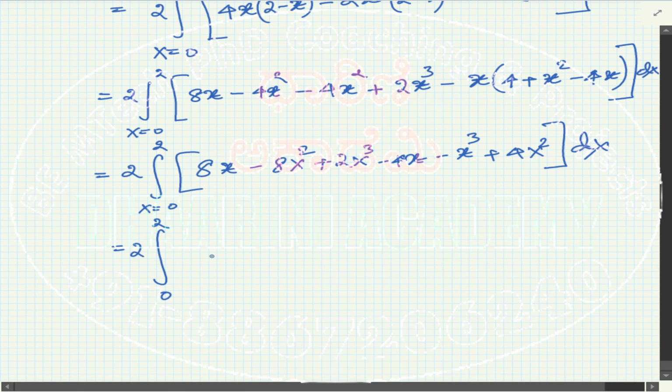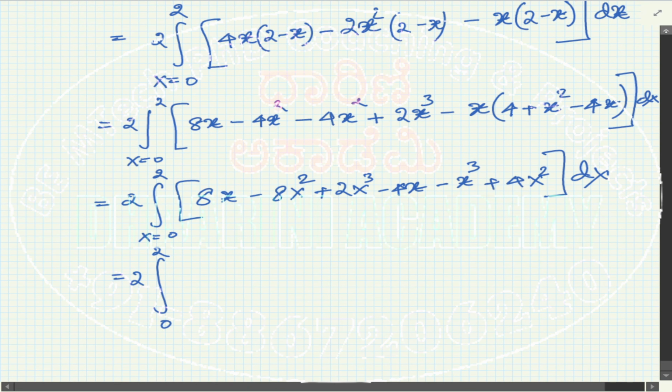Alright, so we can write it as minus of x cube, then x square terms are only minus 8x square plus 4.